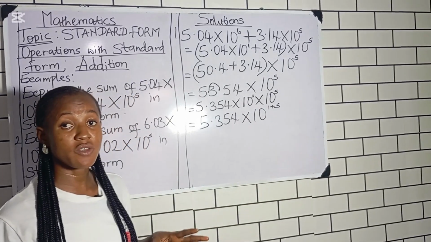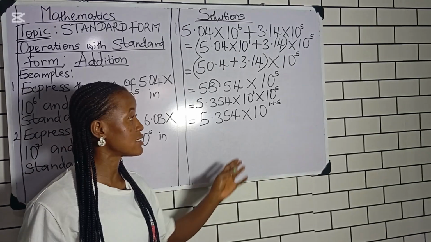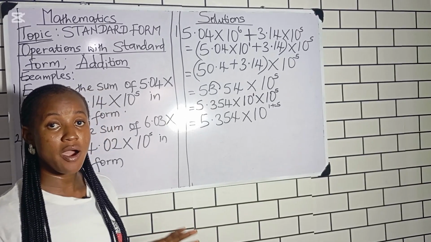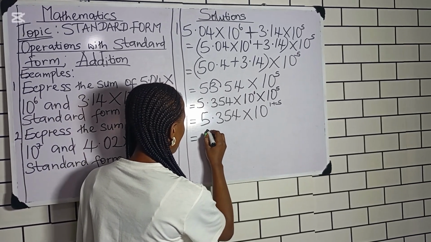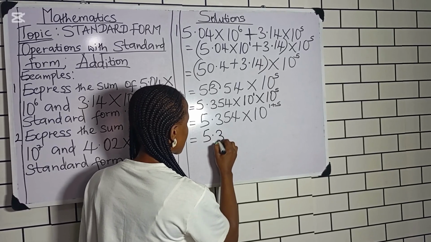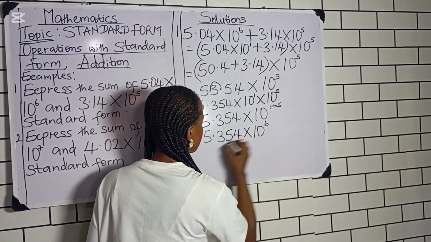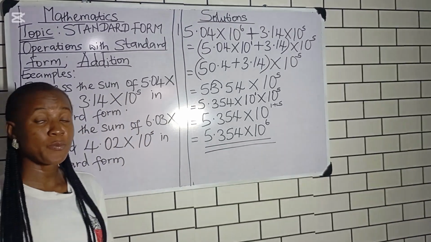That is one of the laws of indices, the law of multiplication. When the bases are the same and the sign in between is multiplication, you add the powers. Now, adding the powers of 10 here, this will give us 5.354 times 10 raised to power 6. This is our final answer for question number 1.